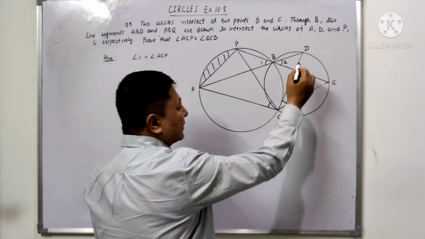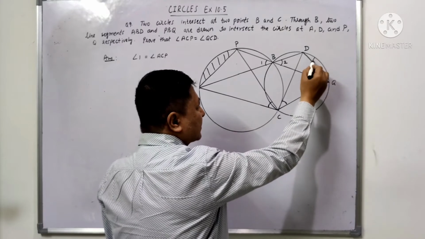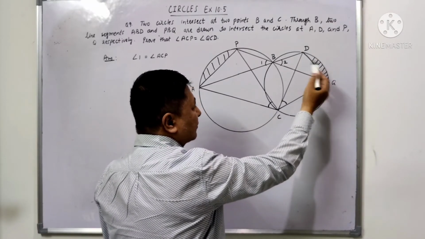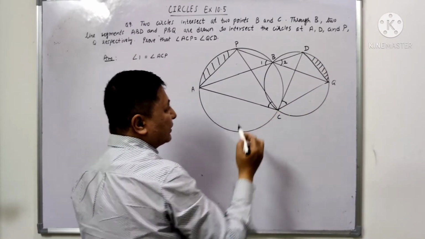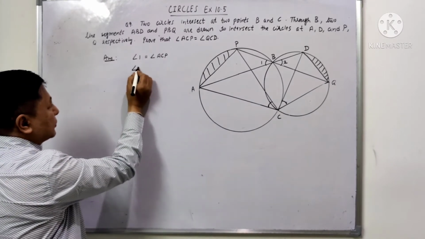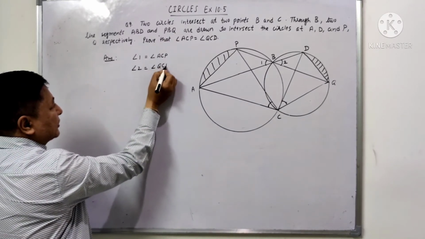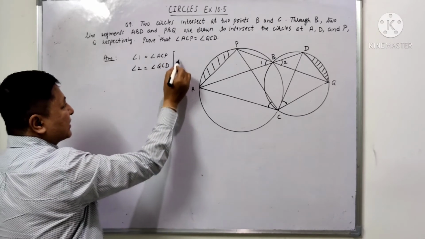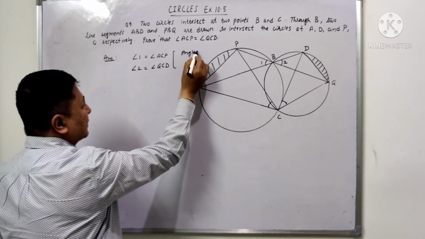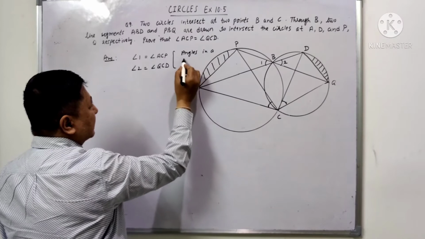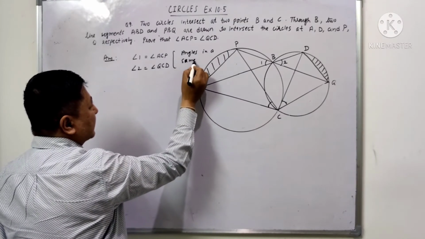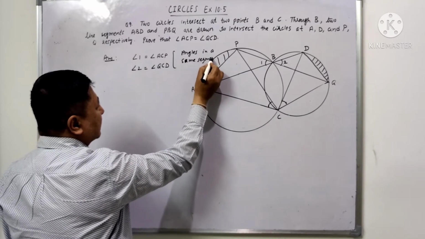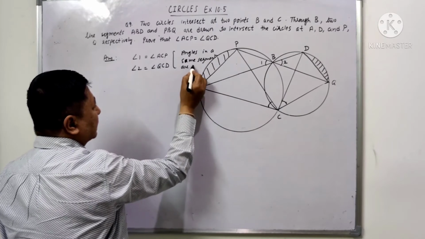And in the other circle, if I join this, this is a minor segment, and on the major segment, angle 2 and angle QCD are formed. So angle 2 is equal to angle QCD, and for both the reason is angles in the same segment are equal.